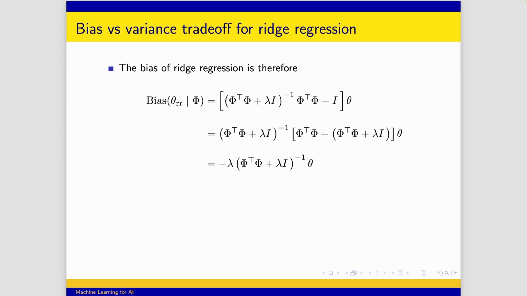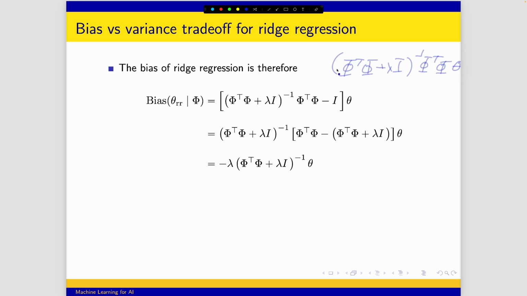So what is the bias then in this case? Well, we've just calculated the expected value of theta ridge conditioned on phi. And it was phi transpose phi plus lambda I inverse times phi transpose phi theta, right?